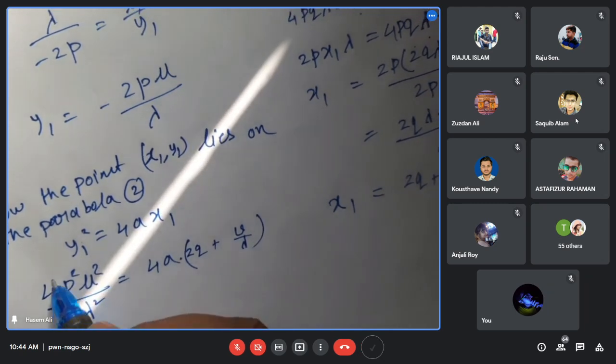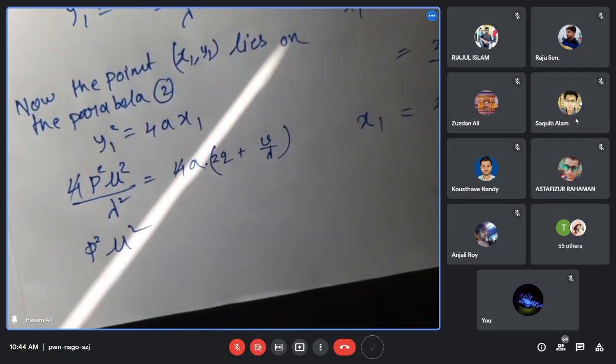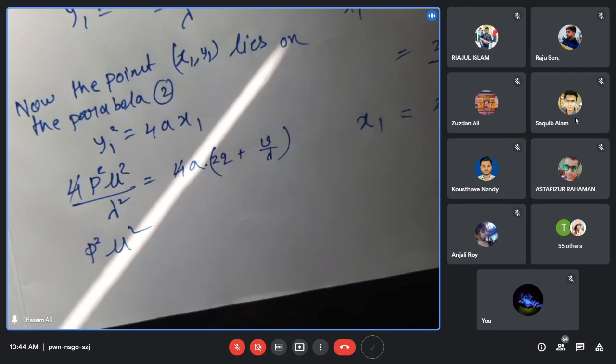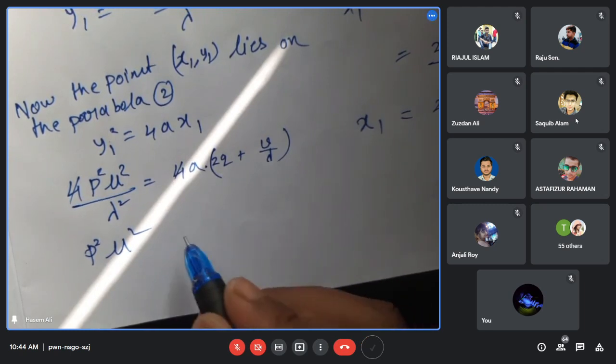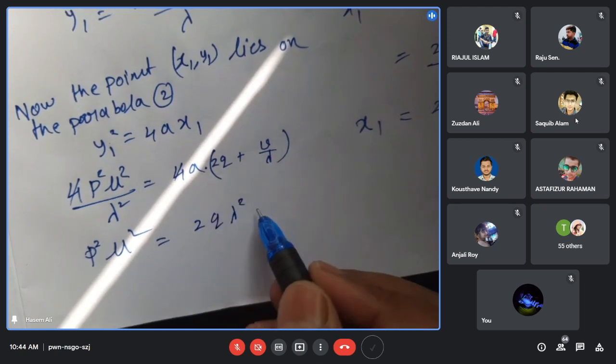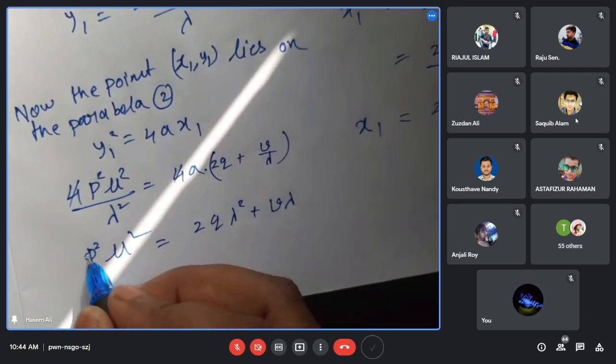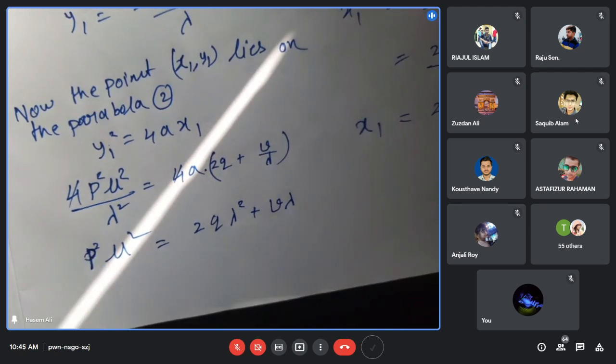So p square mu square equals to 2q lambda square plus v lambda.